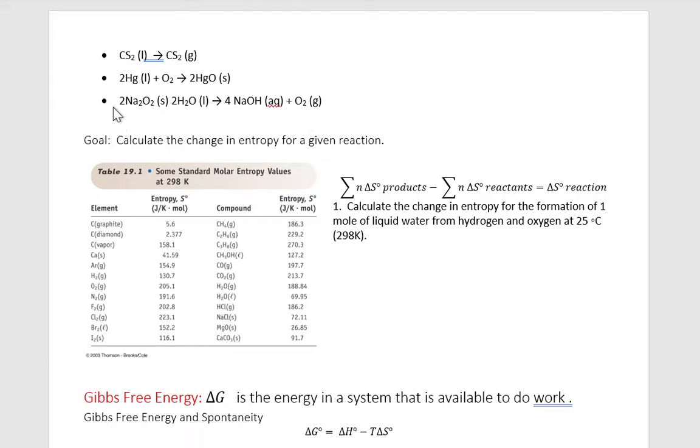And I'm going from 4 moles of things on this side to 5 moles of things on that side. That also looks like we have entropy increasing. And here's my other thing that's happening. I don't have any solids over here, so I'm going from a solid to an aqueous solution. So yeah, entropy is increasing there.